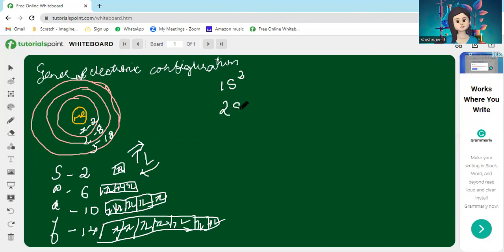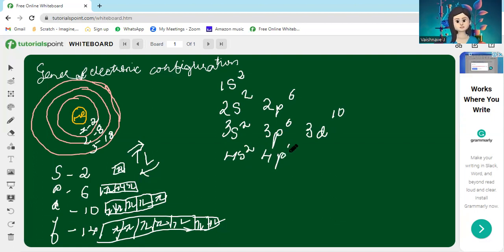Then we have 2s2 and 2p6 in the second shell. These are subshells, and these are how many electrons can fit in them. After 2p6, you have 3s2, 3p6, and 3d10. And then you have 4s2, 4p6, 4d10, and 4f14.